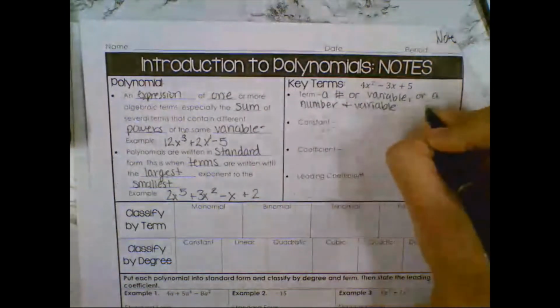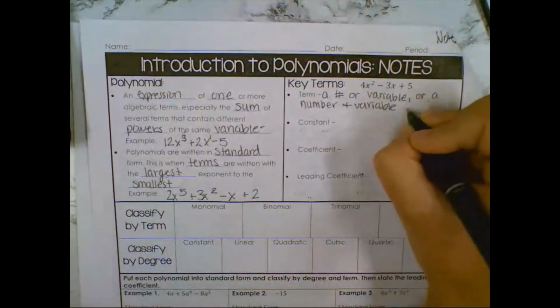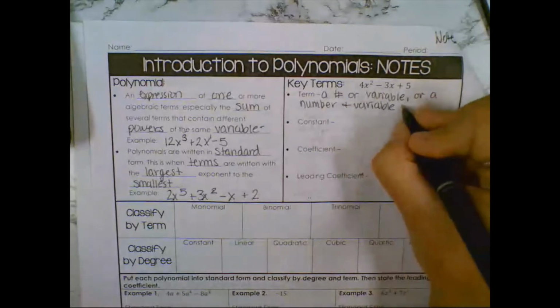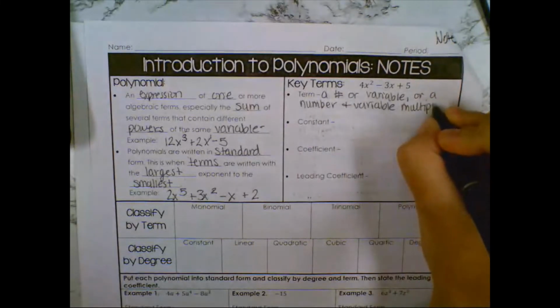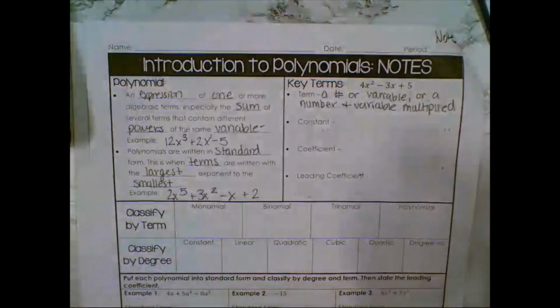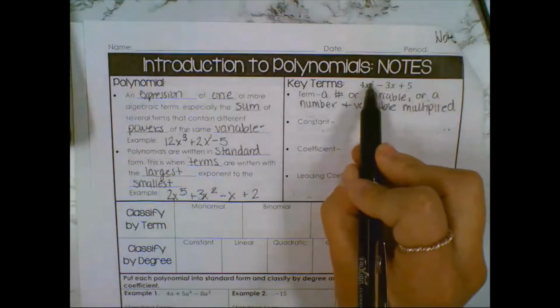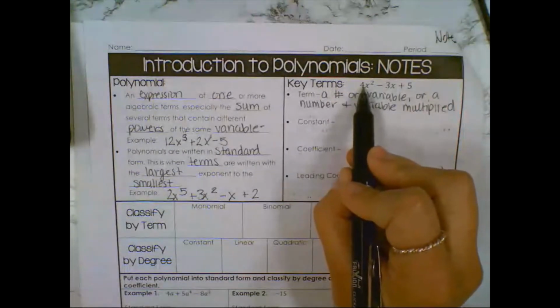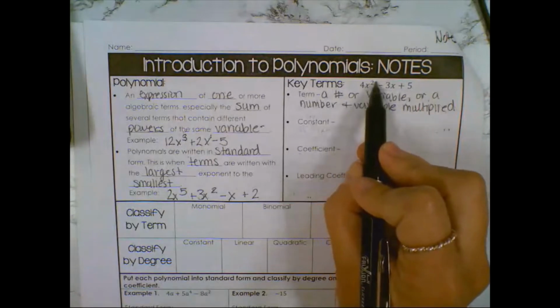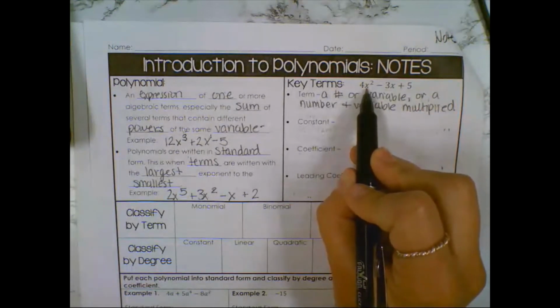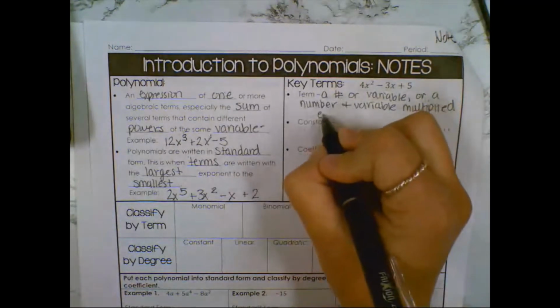And when they're together, that means they're being multiplied together. So a number and variable multiplied. So for example, if I look up here, 4x squared, if you look, there's nothing between the two of them. That's multiplication holding them together. So number and variable, that is a term.